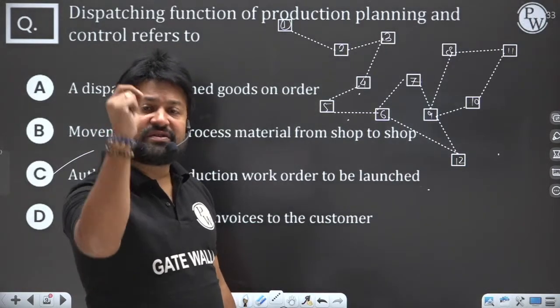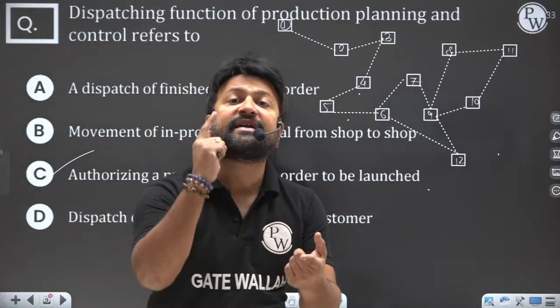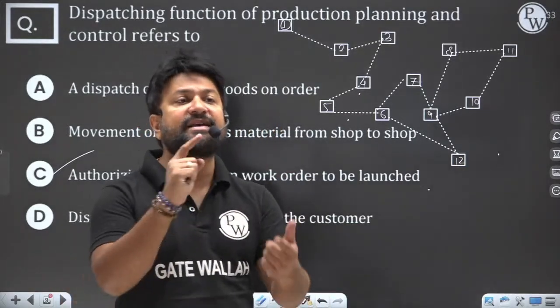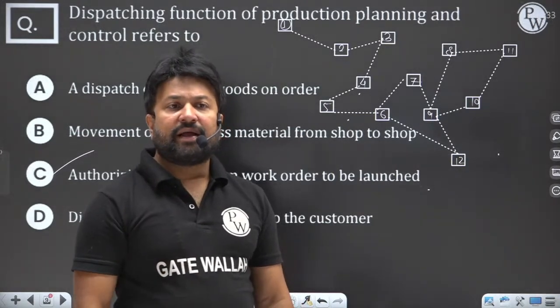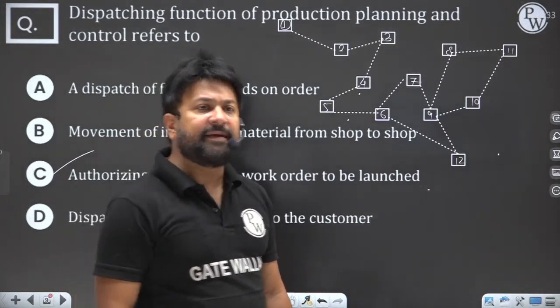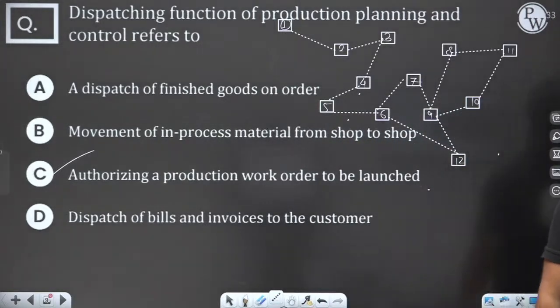You can find that error if you maintain the record, and that record is the dispatching order, the authorized order. Am I clear? Yes or no? Tell me.